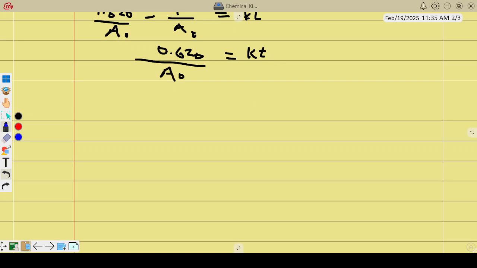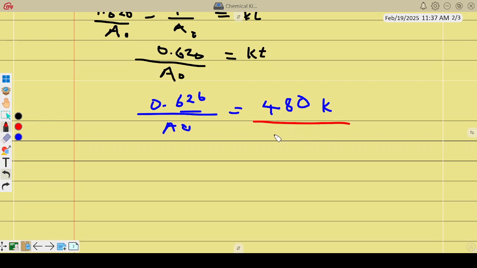We'll replace with 180. So here we'll say this is 0.626 over A naught. It's equal to, so the value of T is 480. So over 480 K. And then to remain with K alone, we say over 480.